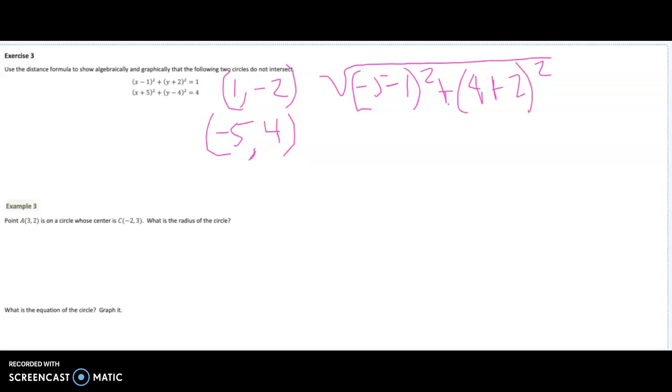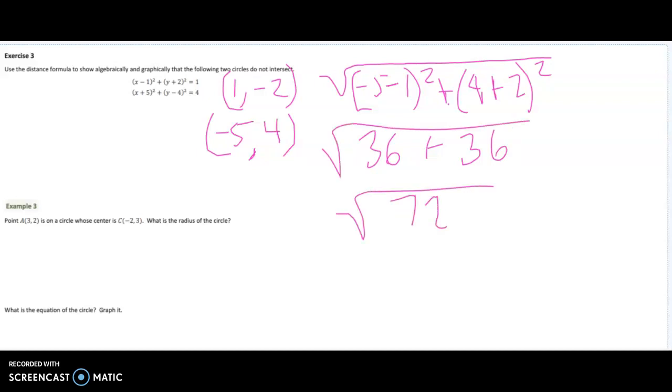So -5 minus 1 is -6, which doesn't matter. 6 squared is 36 plus 6 squared is 36. So that's 72. Square root of 72.